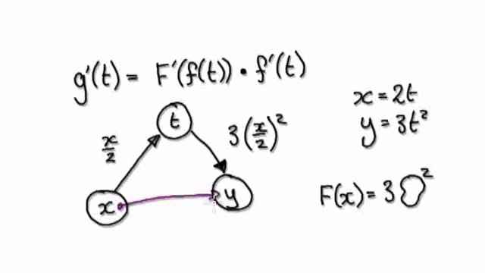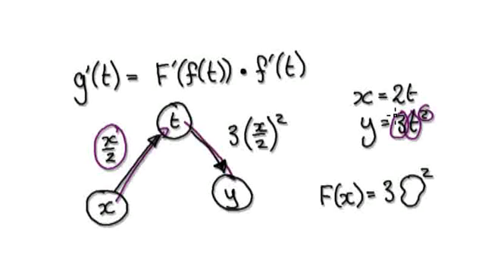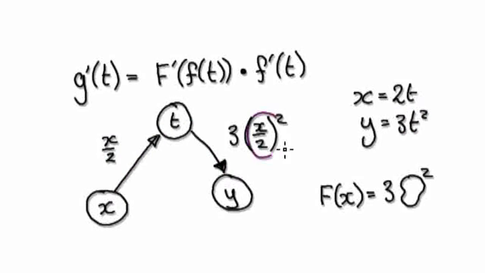To jump from x to here, we would have to jump back to here. That would be this, and then from here we have to do t squared times 3.